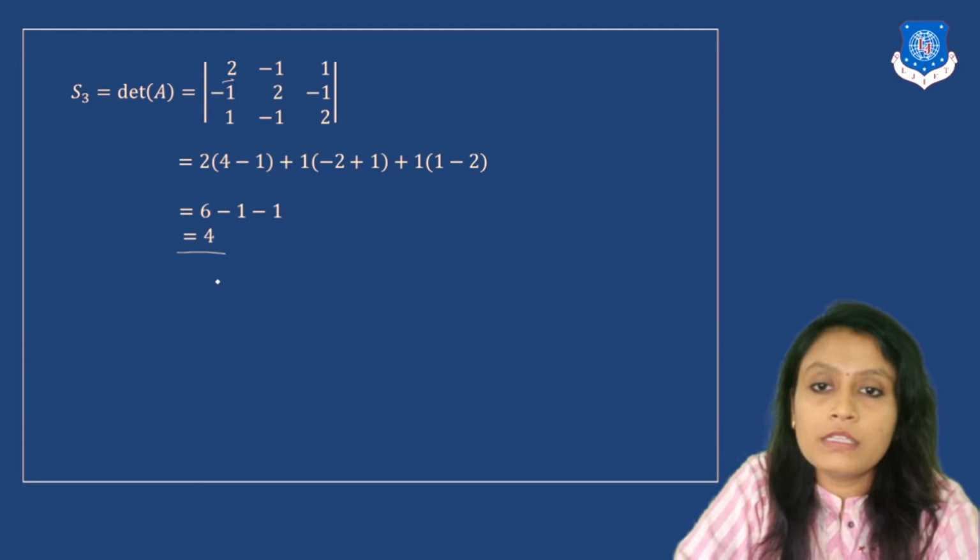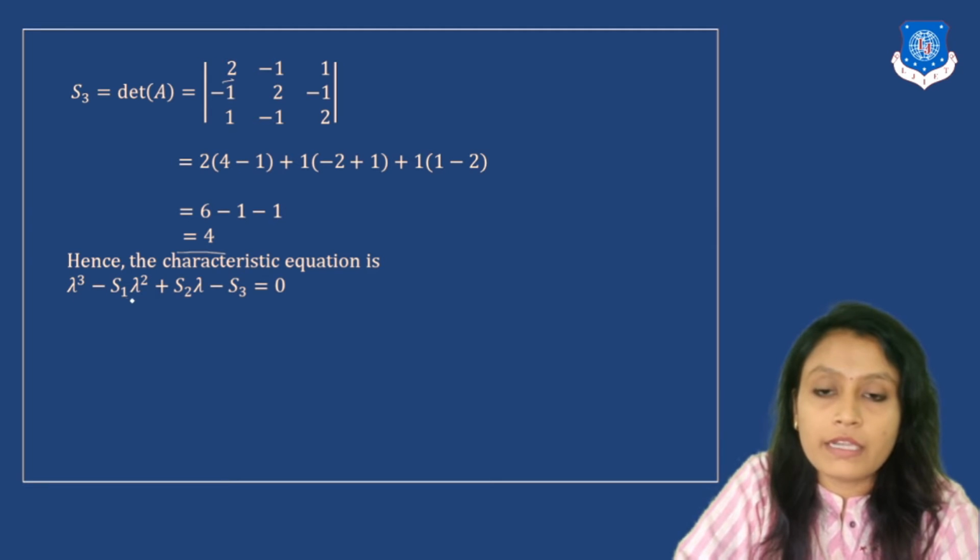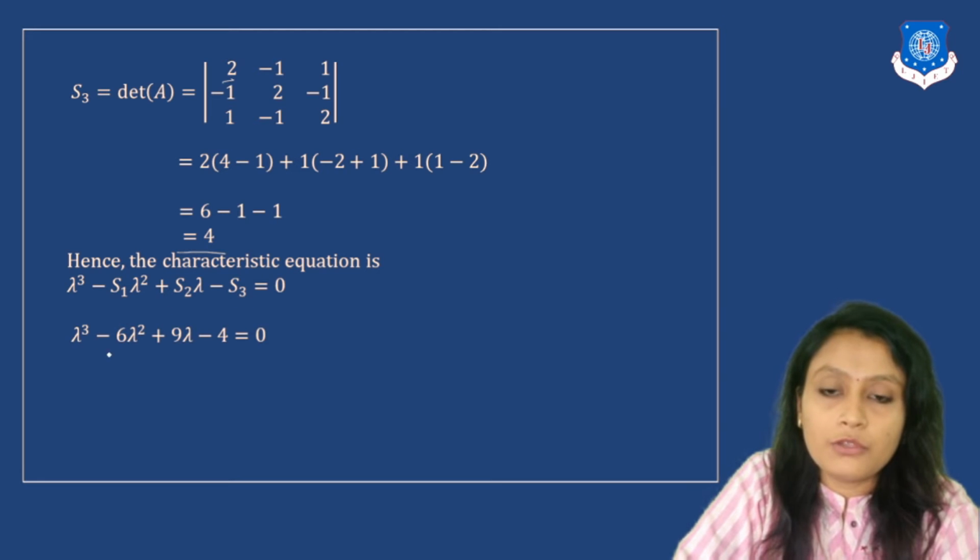Now we will substitute the values of S1, S2 and S3 in the characteristic equation, which is given by lambda cube minus S1 lambda square plus S2 lambda minus S3 equal to 0. So you will get lambda cube minus 6 lambda square plus 9 lambda minus 4 equal to 0.